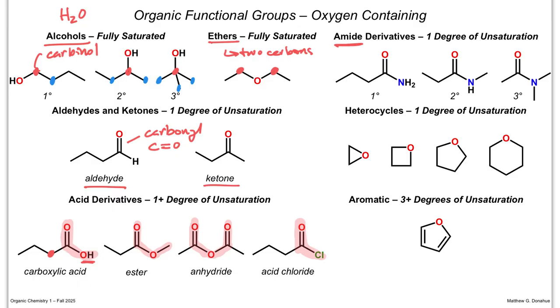That's called an amide, and then you can classify amides the same way you do amines. If we look at the nitrogen, we can see it's bonded to one carbon, so that would be a primary amide. We start substituting off the H's for carbon, so now we have secondary and then tertiary.